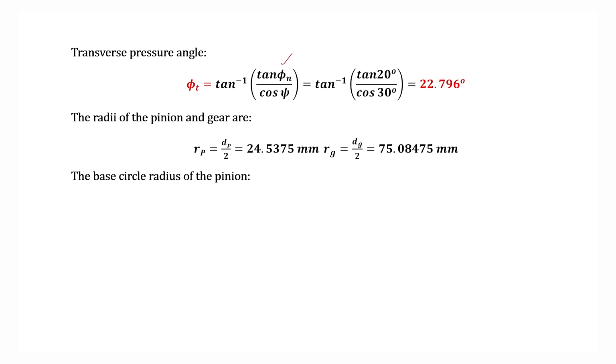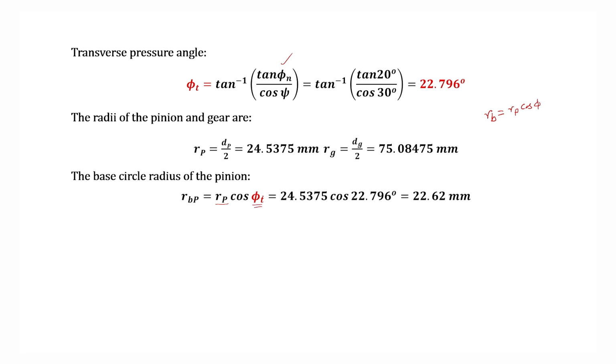Then the base circle radius of pinion and gear, the relationship between base circle radius and pitch circle radius is, the base circle radius is equal to pitch circle radius and cos of the phi. Okay. So, in this case, we have the base circle radius of the pinion is equal to the pitch circle radius of the pinion multiplied by cos of the phi t.